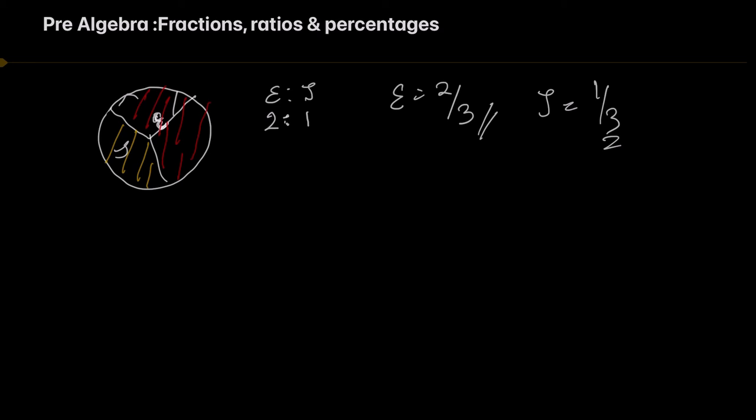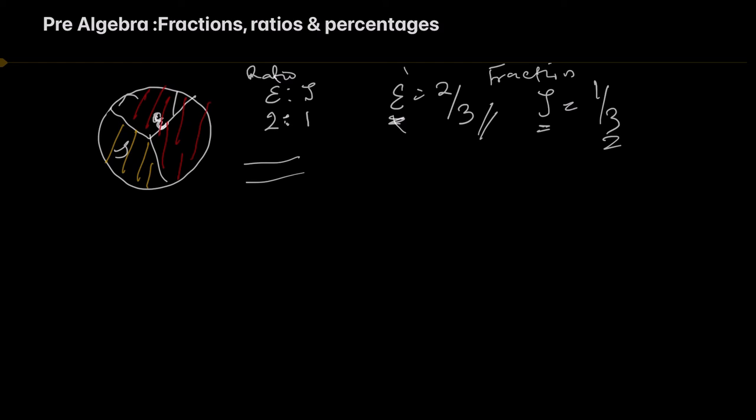So on one, you are doing some kind of comparison. So this is the fraction, right? And this is the ratio. On one, you're doing a comparison, and on the other, you're only looking at the view of the individual. So the individual here is the elder brother, and then the junior brother is another individual.